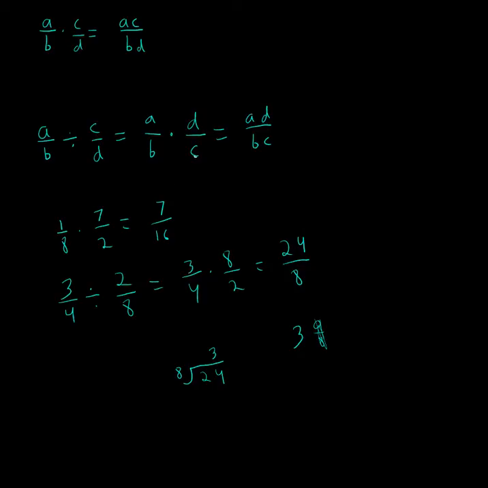Okay, with that being said, that covers all of the operations that we typically do with fractions. I will say one other thing. If we ever get to something like a over b to the power of n, we know that if I have something like a over b times a over b, I would just multiply the tops and multiply the bottoms.